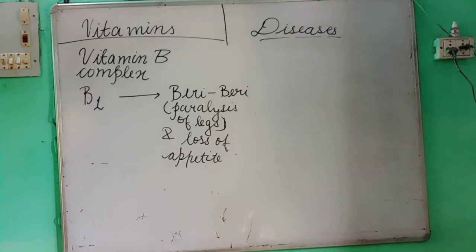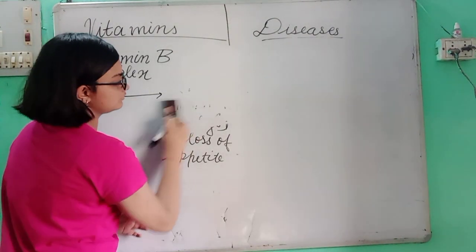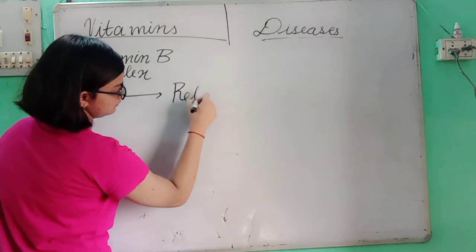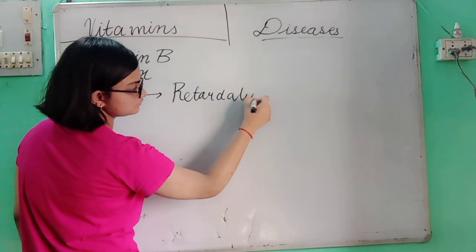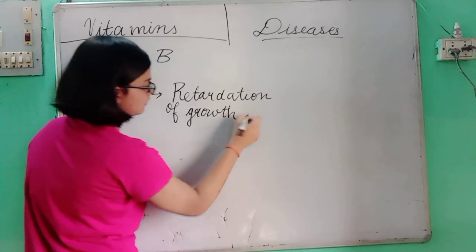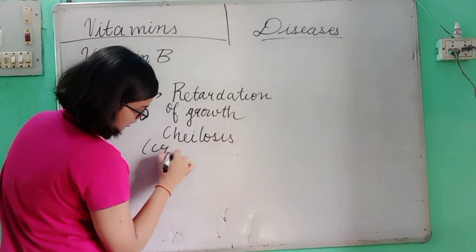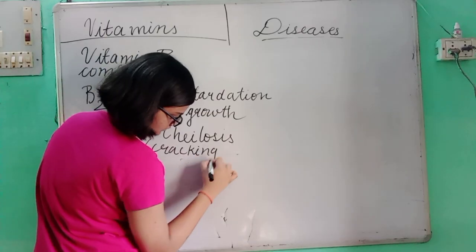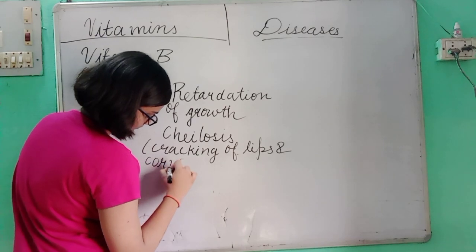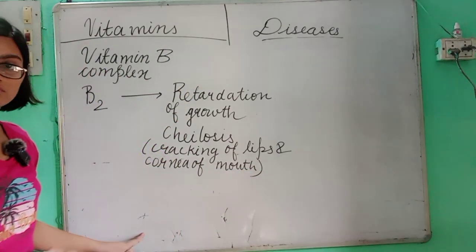Now let us move on to vitamin B2. Vitamin B2 causes retardation of growth, callosis, cracking of lips and cornea of mouth, and inflammation of tongue, glossitis.